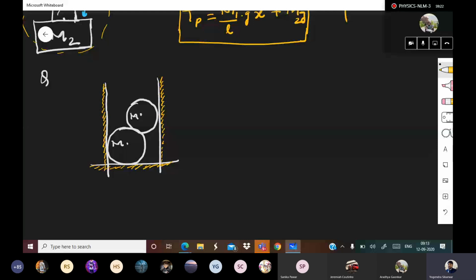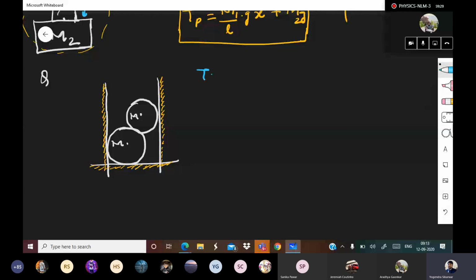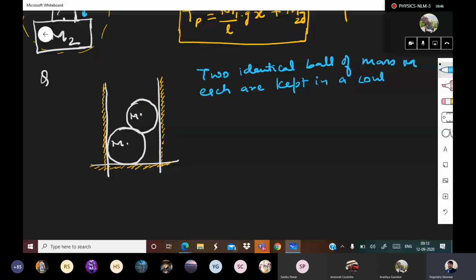Okay. So question is, two identical balls of mass m each are kept in a container as shown.